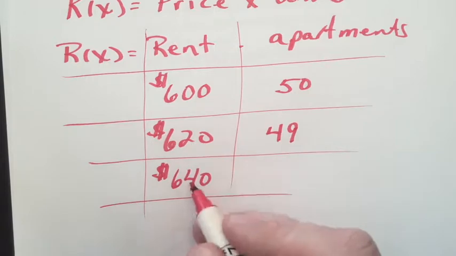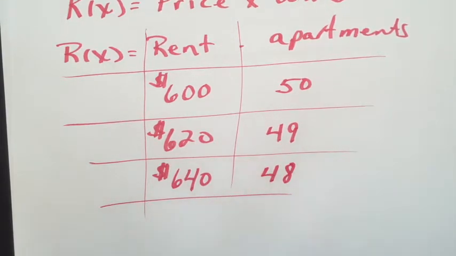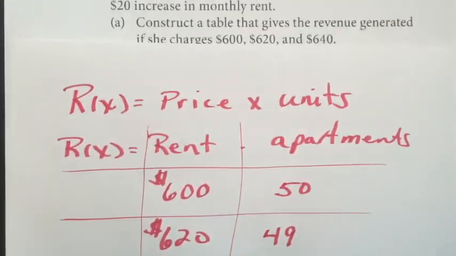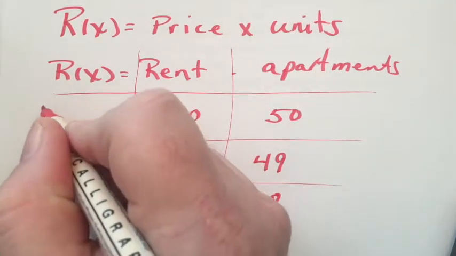And when they go from 620 to 640, we're going to rent one less, which is 48 apartments. And then to get the revenue, because we have price times unit or rent times apartment, it's just a matter of multiplication. So 600 times 50 is $30,000.